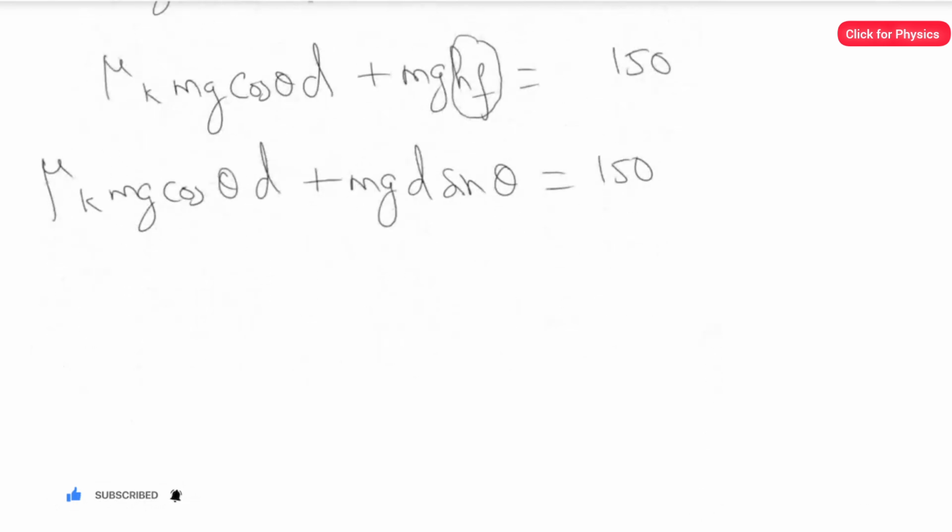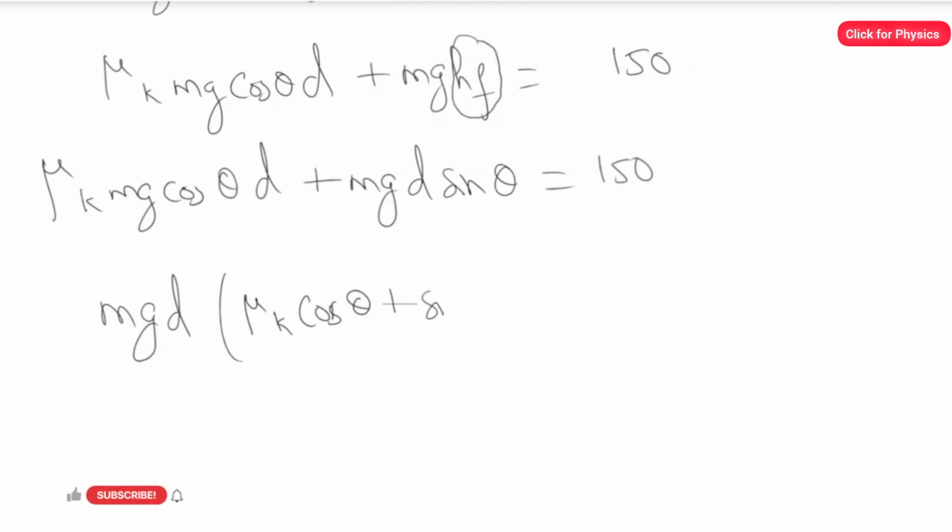Now we can take the common term outside, and we are going to find the value of d. If you take mgd as a common term outside, what is inside is mu k cosine theta plus sine theta, which is equal to 150.